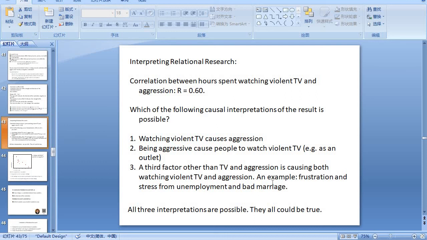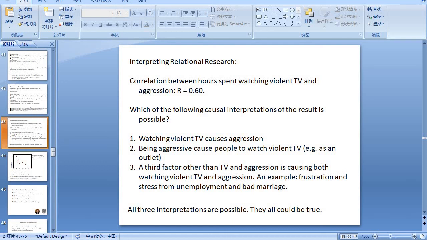An example would be frustration, stress from unemployment, or a bad marriage. Frustration could cause aggression, and frustration could cause people to watch a lot of nonsense violent TV programs. All these alternatives are possible. You don't know which one is the cause.